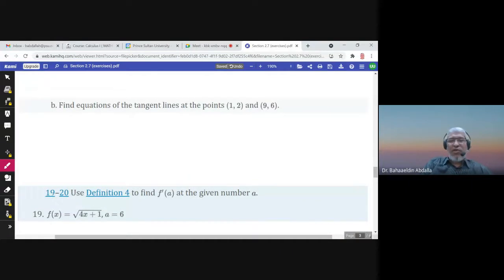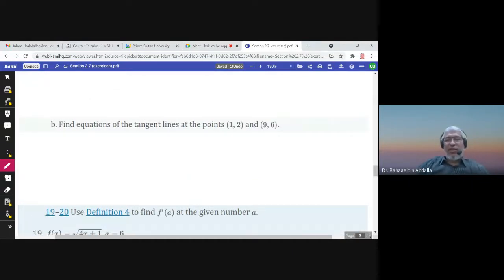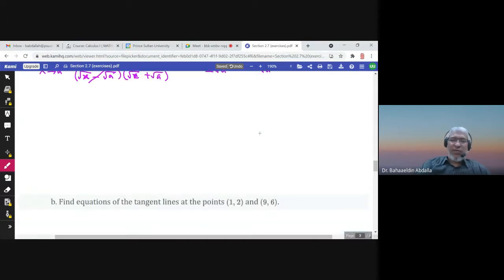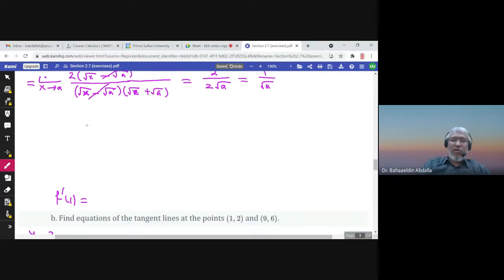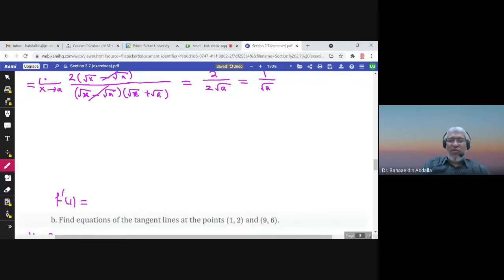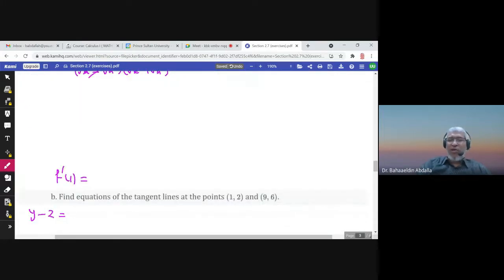Find equations of the tangent lines to the points 1, 2 and 9, 6. The same question. So for 1, 2, the equation of the tangent line would be y minus 2 equals f prime of 1 times x minus 1. So I have f prime of a, so f prime of 1 would be 1 over square root of 1.